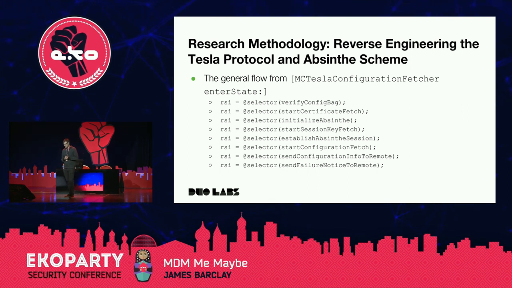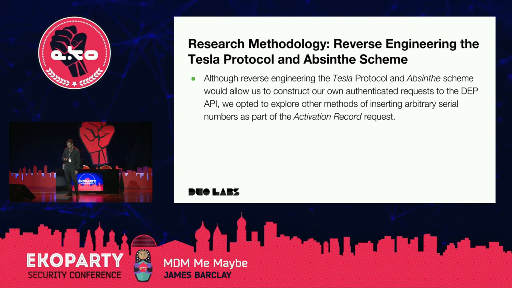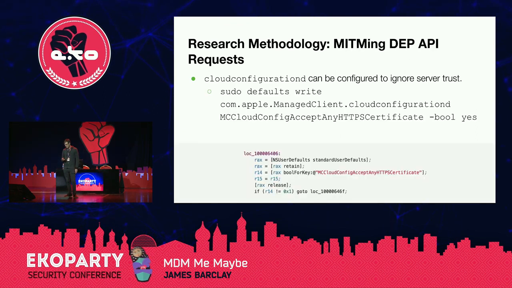We explored each of these methods somewhat deeply, but ultimately it just led us further down the rabbit hole, and we decided to explore other methods of being able to modify the serial number that is presented to the DEP API. So the next approach that we considered was man-in-the-middling requests to the DEP API.